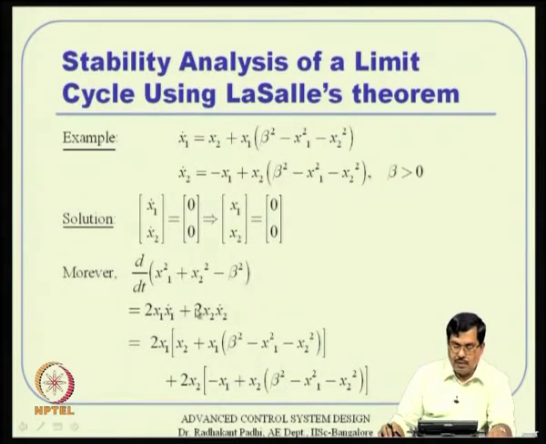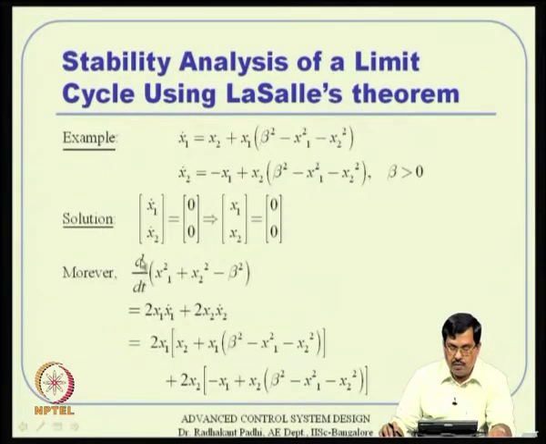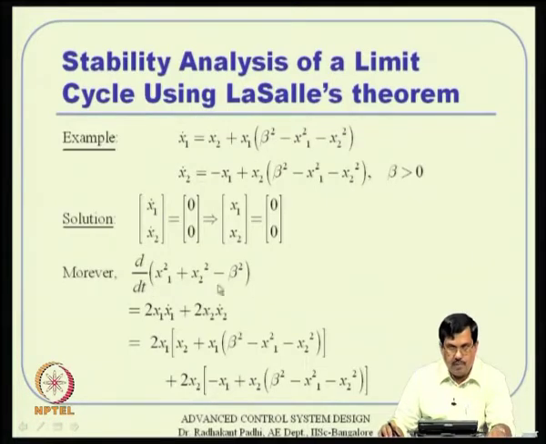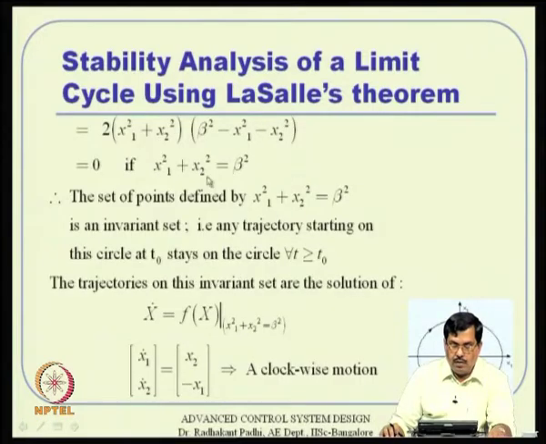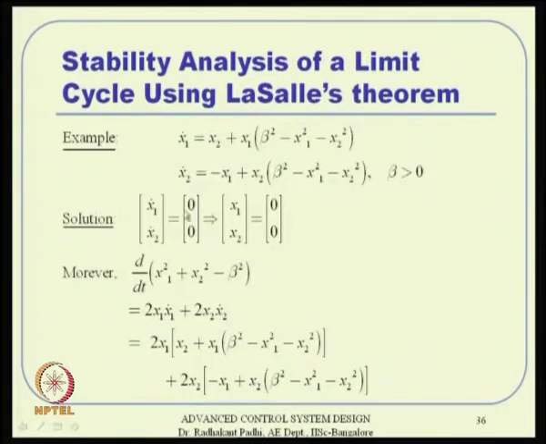Then you substitute the expressions for x1 dot and x2 dot, carry out the algebra, and I can nicely combine the d/dt of this expression as something like 2 times x1 square plus x2 square, multiplied by that expression again. This will never be 0 other than at the equilibrium point, so forget about it. But other than the equilibrium point, this can happen, and if it happens, then d/dt of this expression happens to be 0.